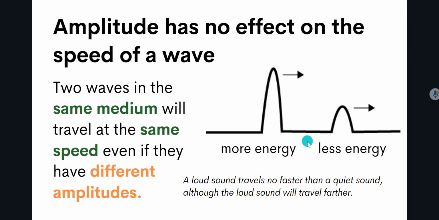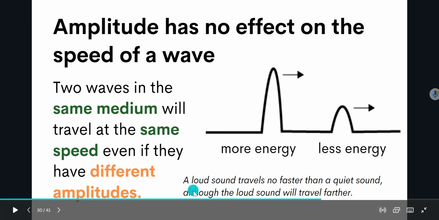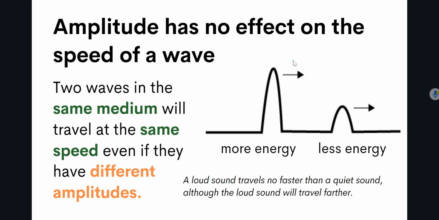That's what that means. In order to change the speed of a wave, you need to change the medium that it's moving through. It says here, a loud sound travels no faster than a quiet sound, although the loud sound will travel farther. I wanted mainly to say here that in order to change the speed of the wave, you need to change the medium.